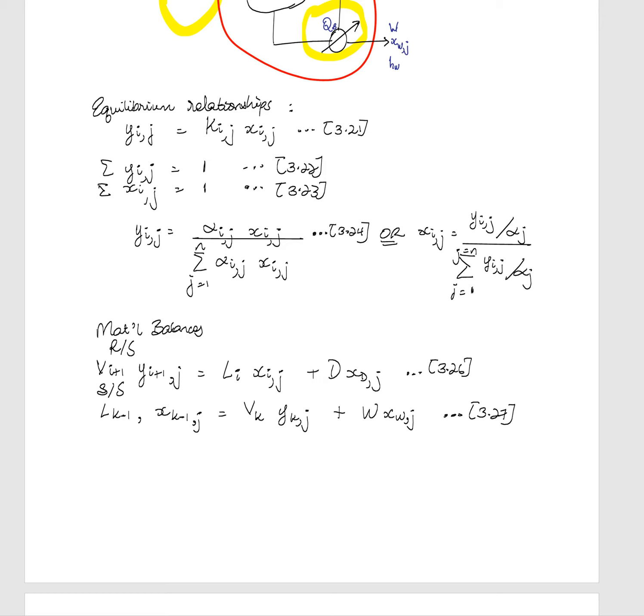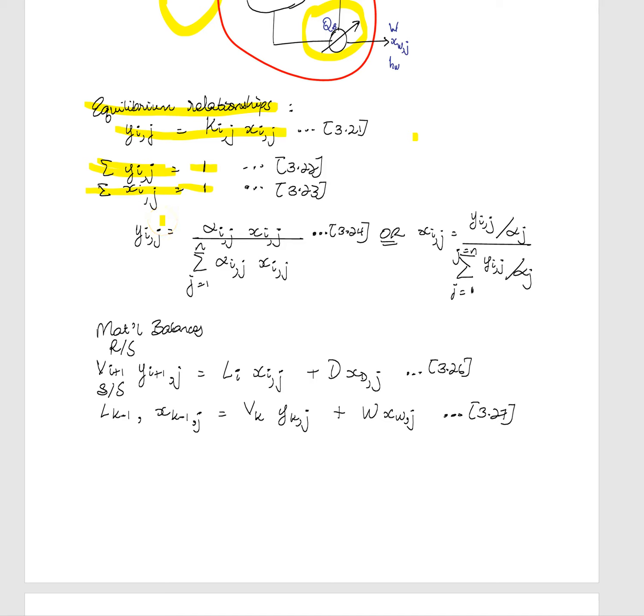Let us now take a look at our equilibrium relationships. For a component J, Yij is given by Kij Xij, and the summation of all of our vapor compositions would be equal to 1. Similarly, the summation of all of our liquid compositions would be equal to 1. These were some of the relationships that we derived in the last lecture in terms of relative volatility.